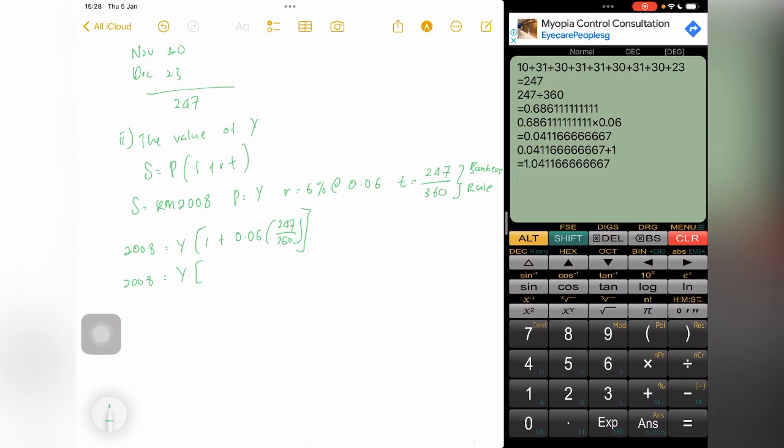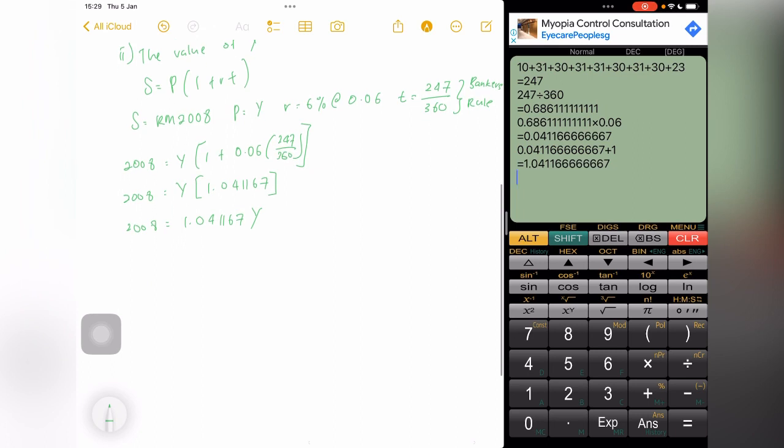So what we put over here is 1.041167. So this is divided by y, multiply by y. If you multiply by y, 2008 equals 1.041167 y. Now you want to know the value of y.